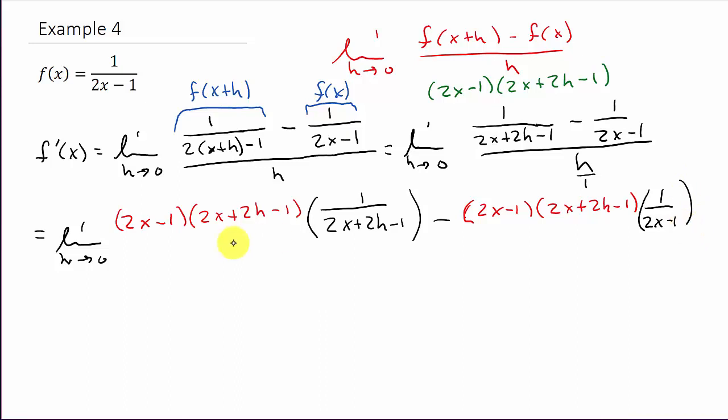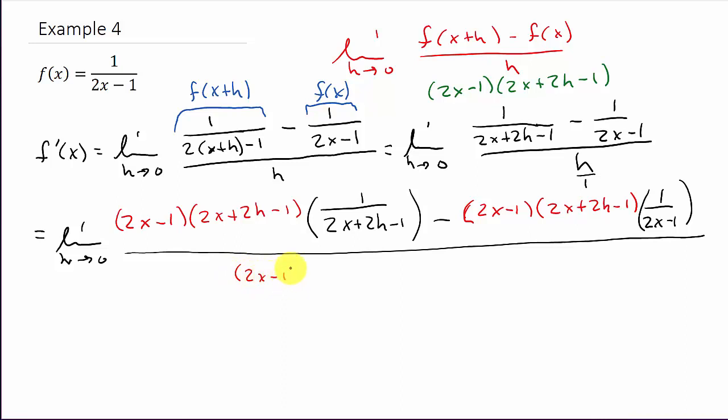And then that is all over the common denominator, 2x minus 1 times 2x plus 2h minus 1, times h over 1. It looks like a lot, but all I did is write the common denominator next to each term.